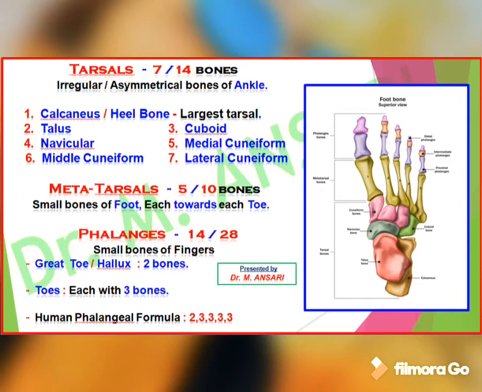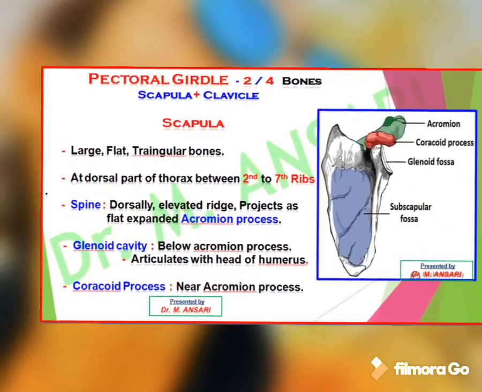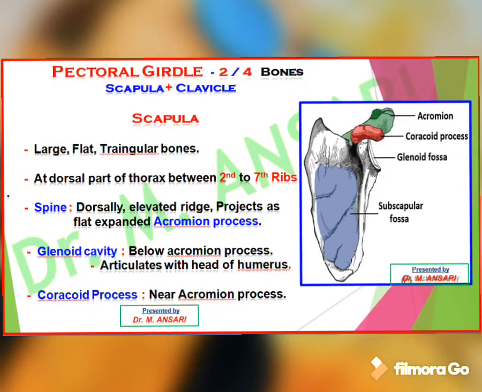Pectoral girdle consists of 2 scapula and 2 clavicle. Scapula is a large flat triangular bone present at the dorsal part of the thorax between the 2nd to 7th rib. Scapula gives a dorsally elevated ridge called spine, which projects as a flat expanded acromion process.